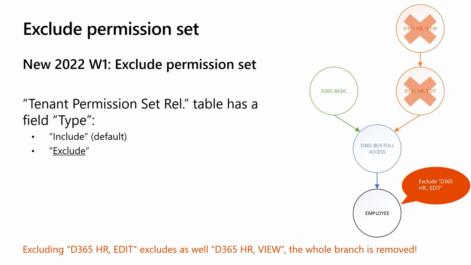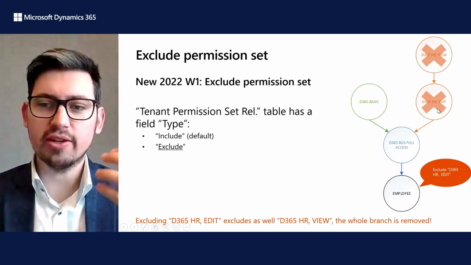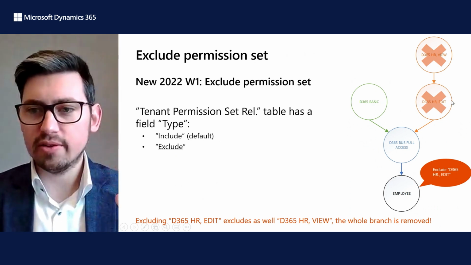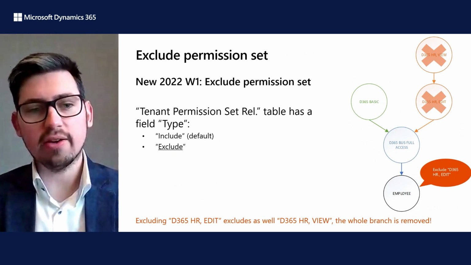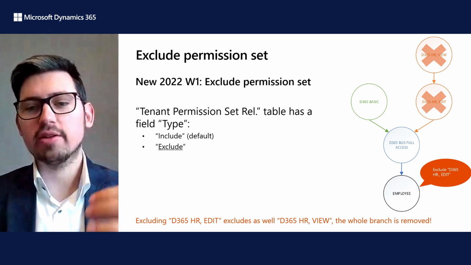This means that every time the algorithm will walk through the tree and find all the permission sets, every occurrence of Dynamics 365 HR Edit will be excluded. And if this node is being excluded, then of course all the included nodes that it includes are excluded as well. The whole branch of the tree is being removed.